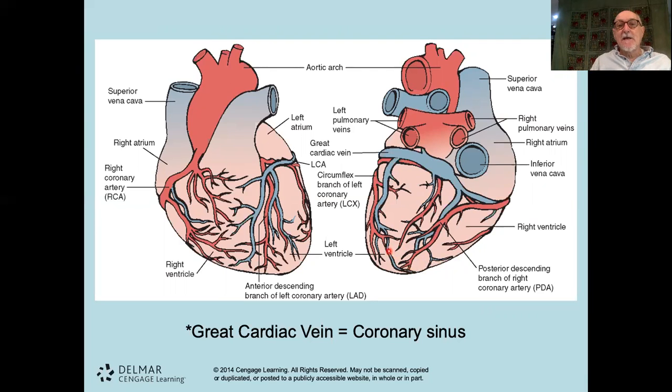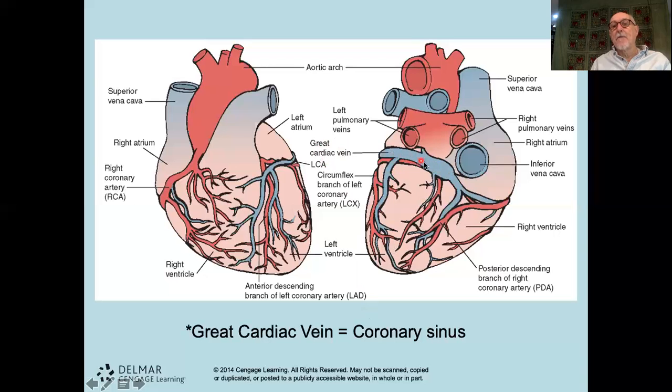So these here are the coronary veins. They have capillary beds throughout the muscle tissue, and those communicate with venules, and then with the veins, and the veins all empty into this huge vessel here. It's so large, it's called here the great cardiac vein, but it is more commonly referred to as the coronary sinus.